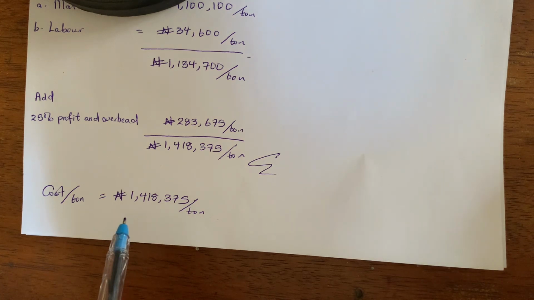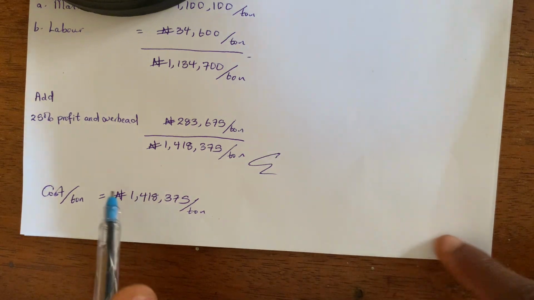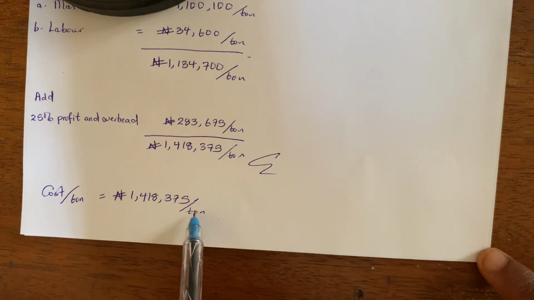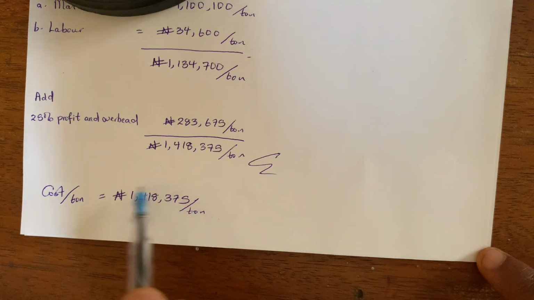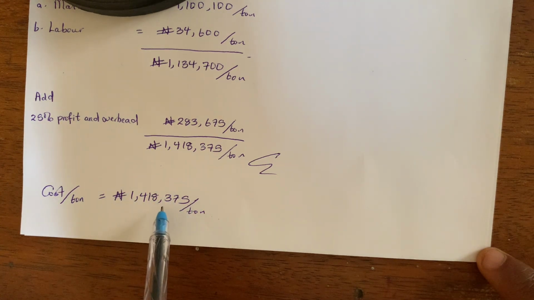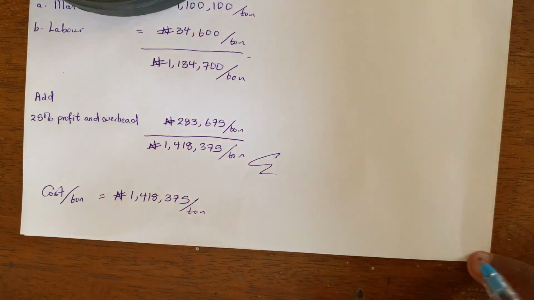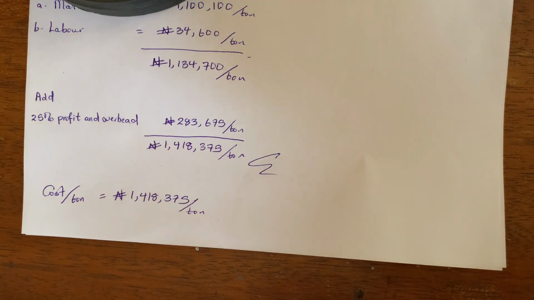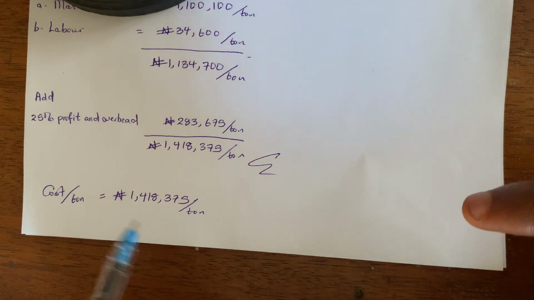So in your bill of quantity, 0.3 is what will be in your quantity, then this 1,418,375 naira is what will be in your rates. When you multiply those two together, you get the amount you'll be spending for that 0.3 tons of 12 mm reinforcement rod. I hope you understand the logic.